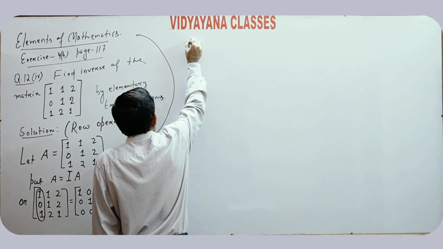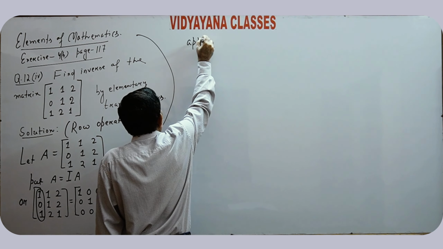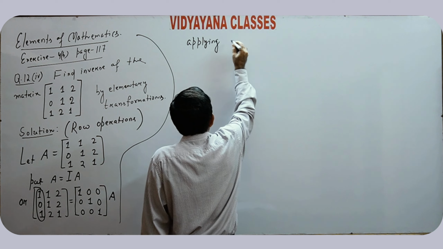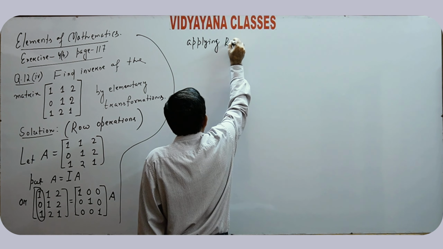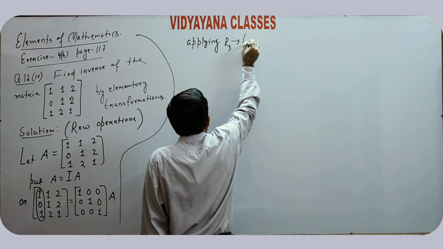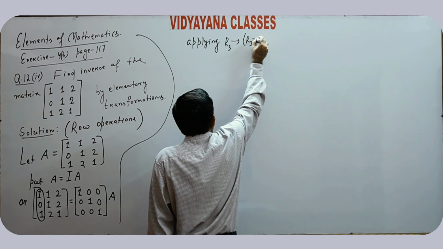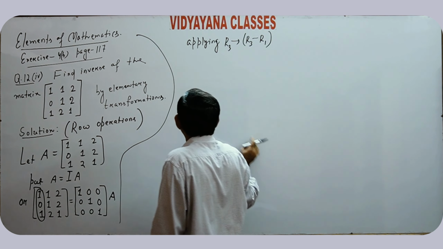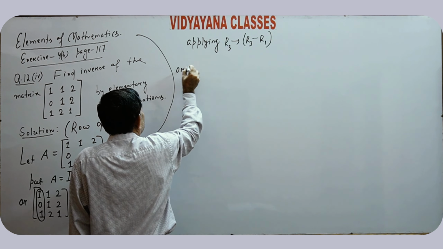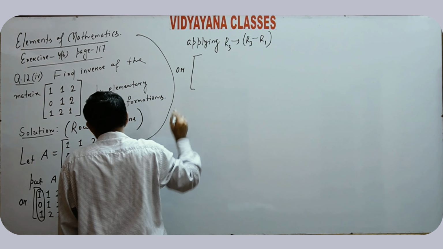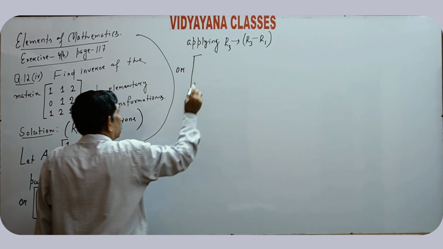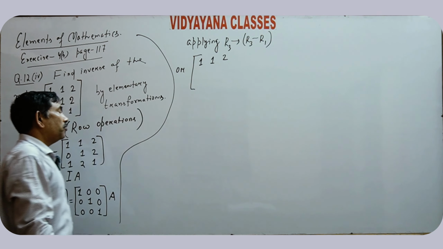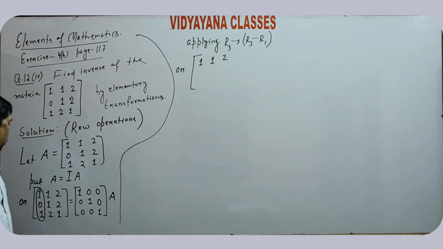Apply row 3 replaced by row 3 minus row 1. It gives 1 1 2. No change of row 1, no change of row 2.